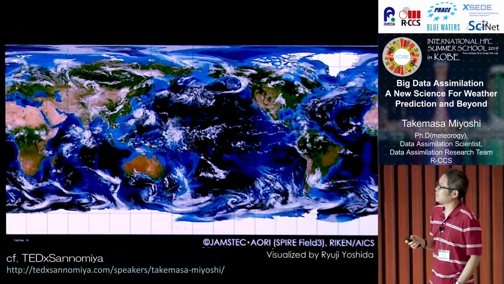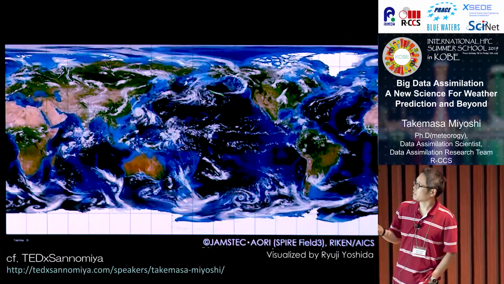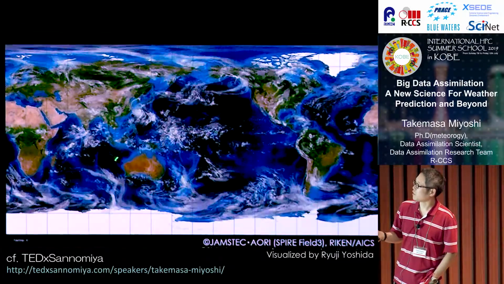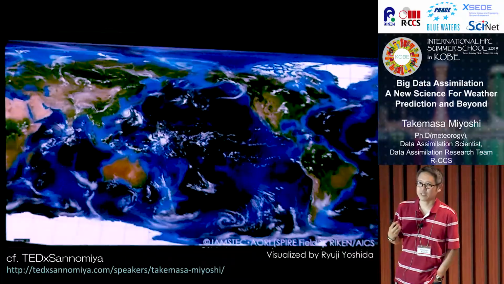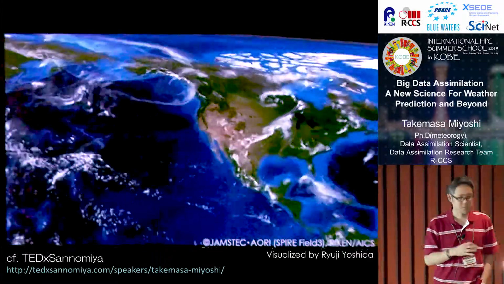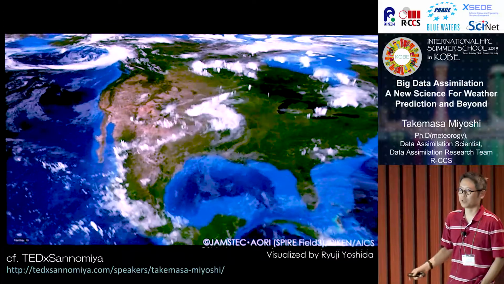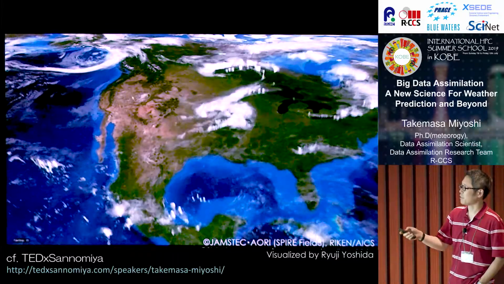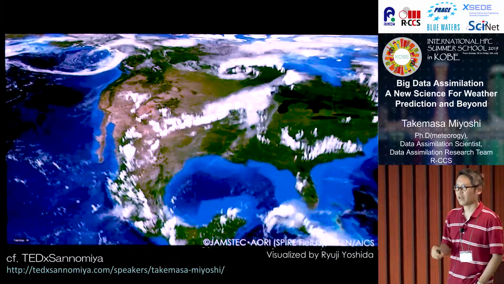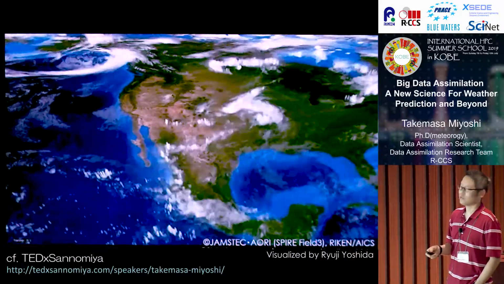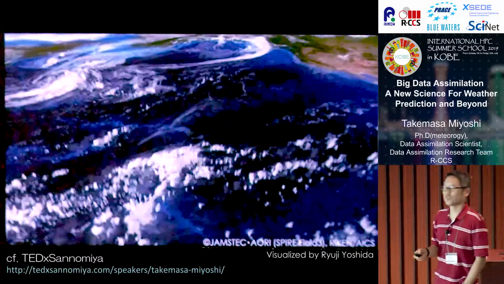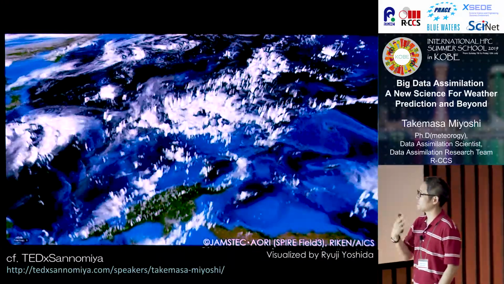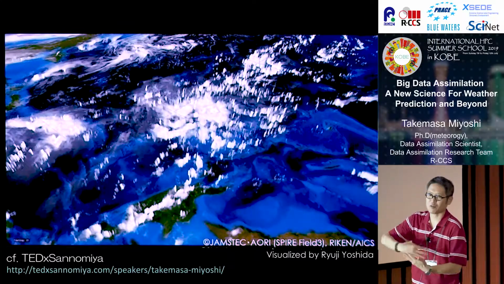So this is really amazing because we can see the detailed structure of the clouds everywhere in the world at 870 meter mesh. So this is really a huge computation, and we get really big data, and the visualization took a lot of time. So we spent like 24 hours of computation to make a 24-hour integration.